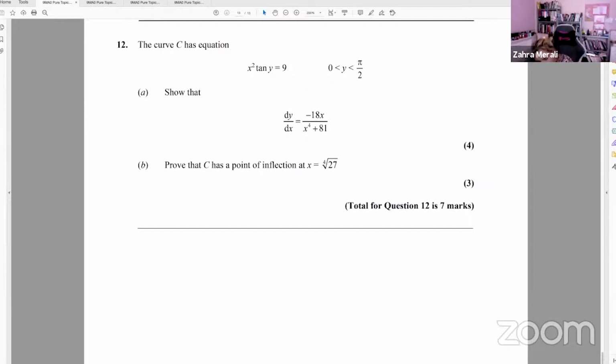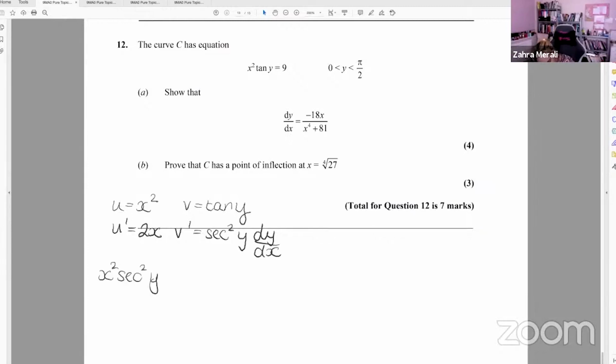We'll have u equals x squared, v equals tan y, u dash will be 2x, v dash will be sec squared y, but because it's a y, we have to write dy/dx. Right, so now we're going to cross and multiply. So we get x squared sec squared y dy/dx plus 2x tan y, and then 9 just differentiates to 0.